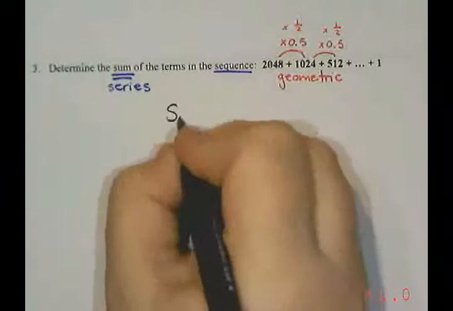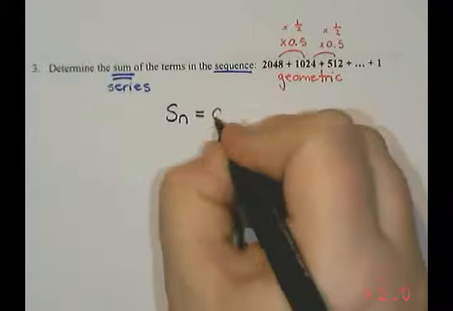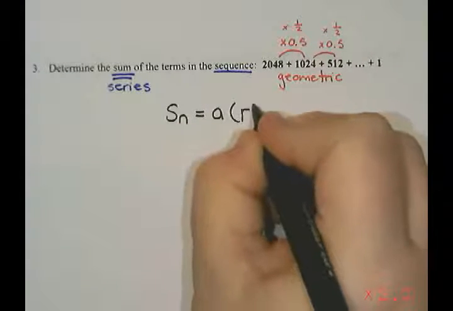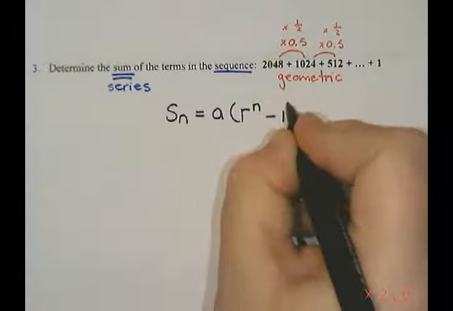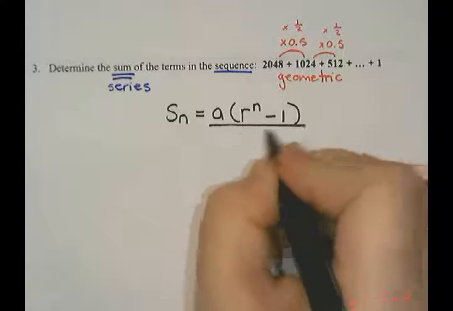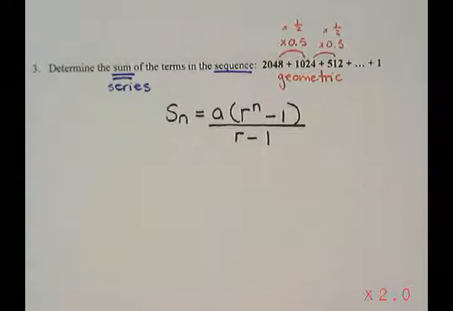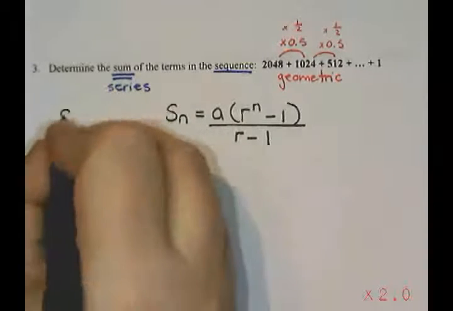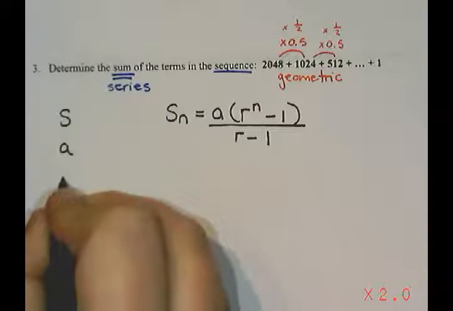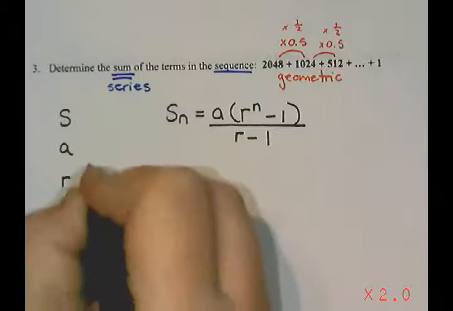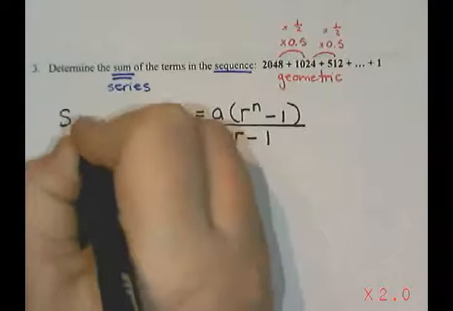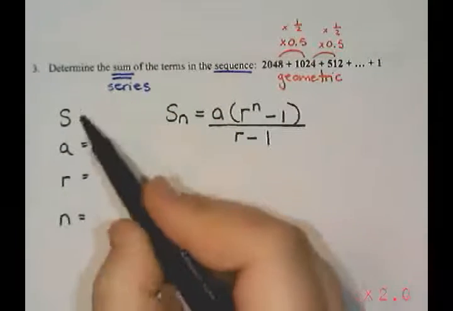So I have Sn equals A times R to the power of n, take away 1, not in the exponent, divided by R, take away 1. So I'm going to list S, A, R, N. Okay, do I know the sum?